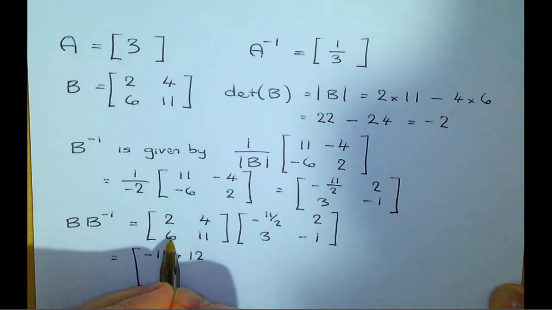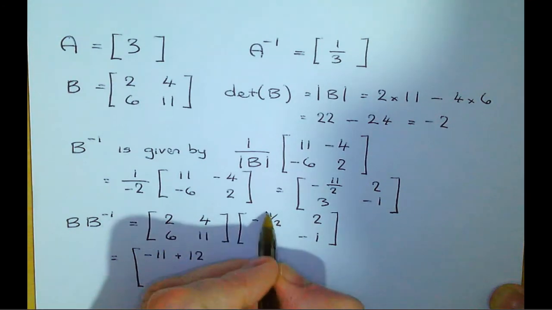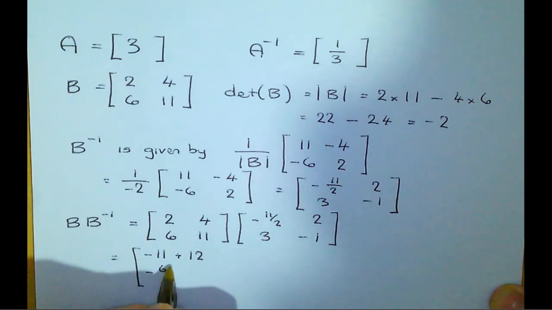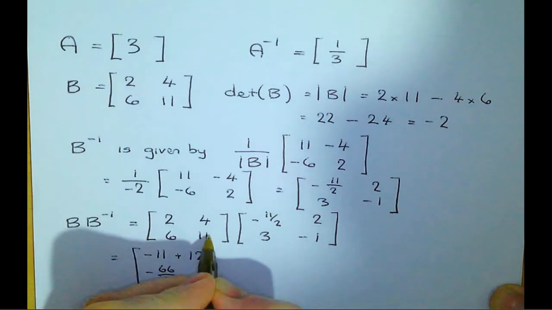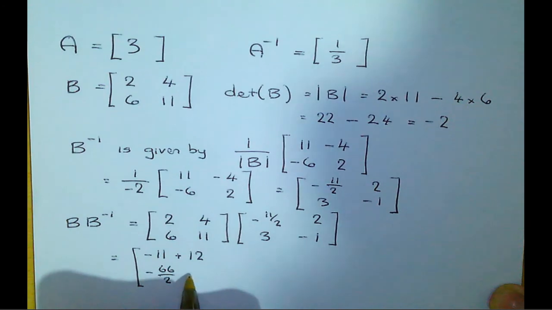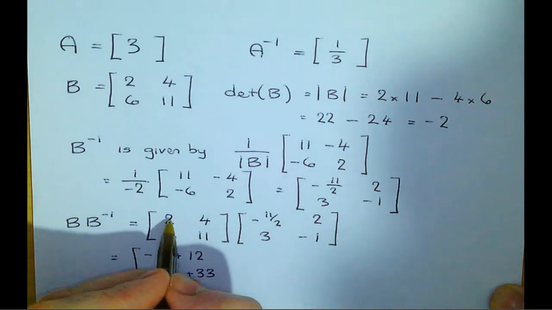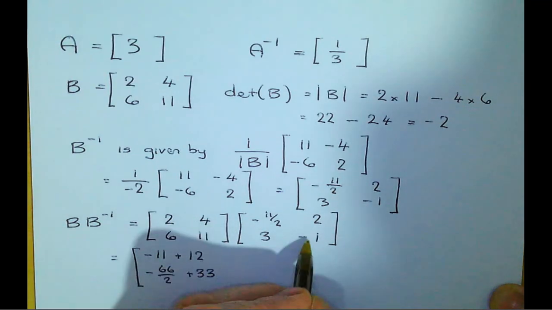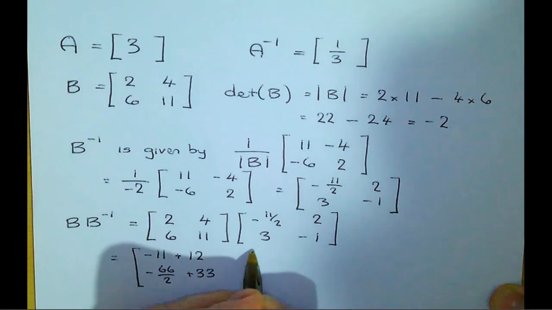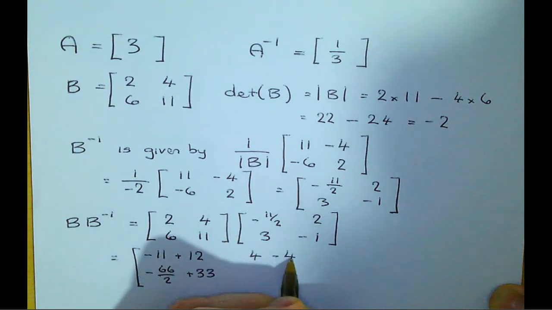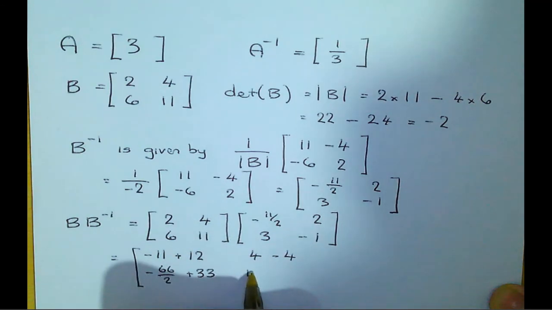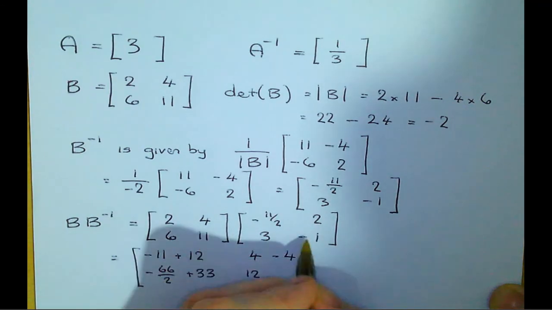Bottom left, 6 times -11 over 2 plus 11 times 3. Two times 2, that's 4, minus 4 times 1. 6 times 2 plus 11 times -1.